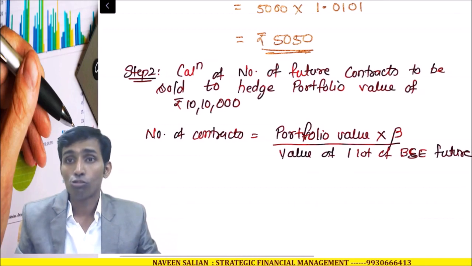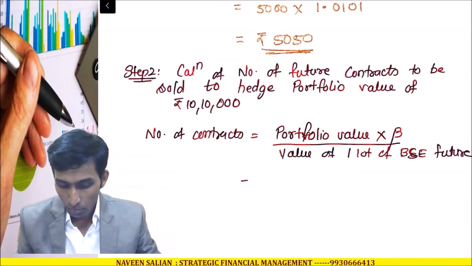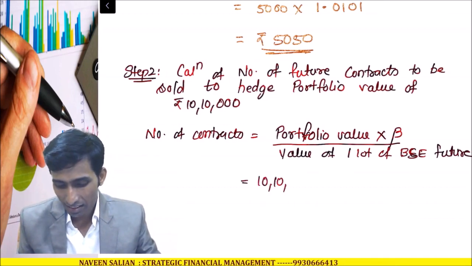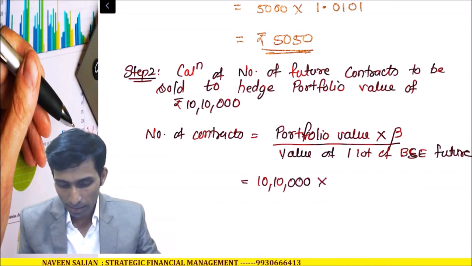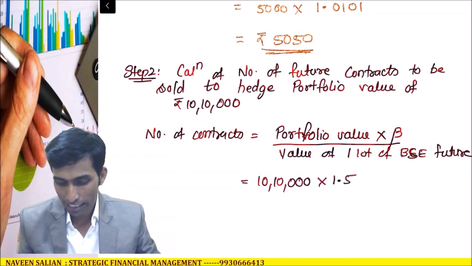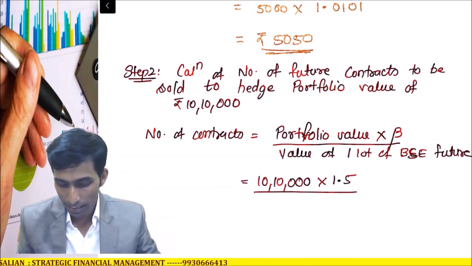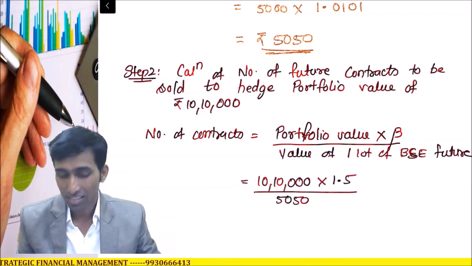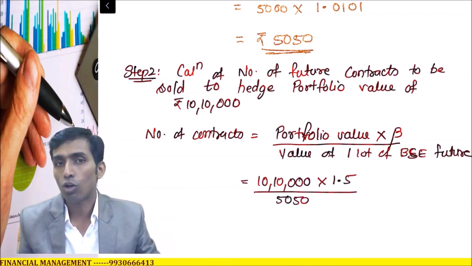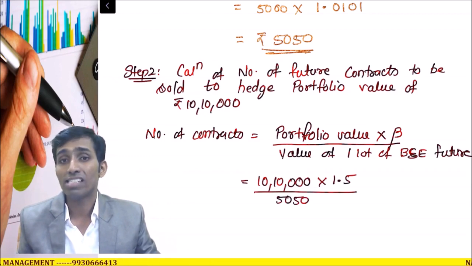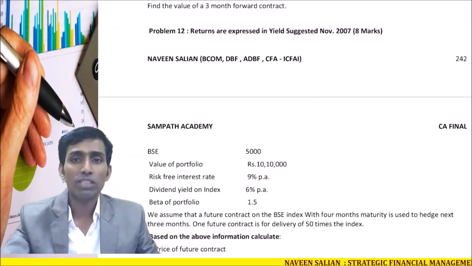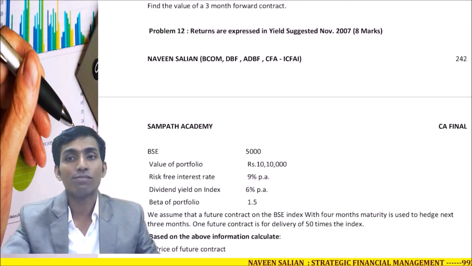Okay. So portfolio value is 10,10,000 and that will be multiplied by 1.5 and divided by the value of one future, the price of one future, which is 5050. The contract size is 50.